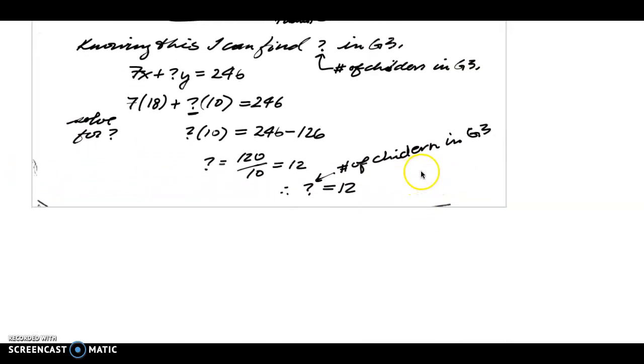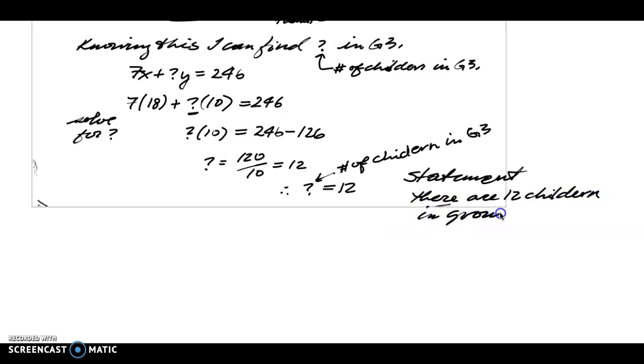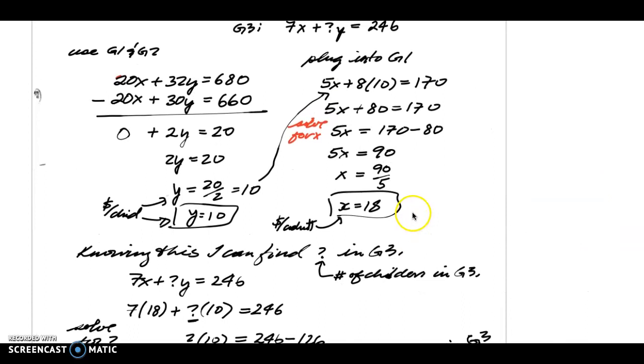You need to then make a clean statement saying there are 12 children in group 3. And that's all you'd have to say. That's it. Done. You've shown everything else, right?